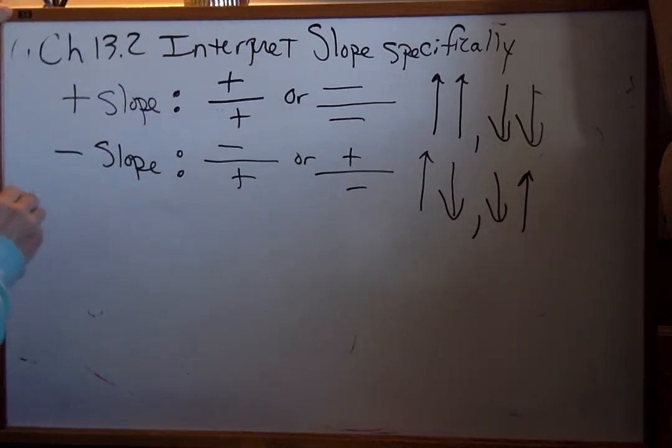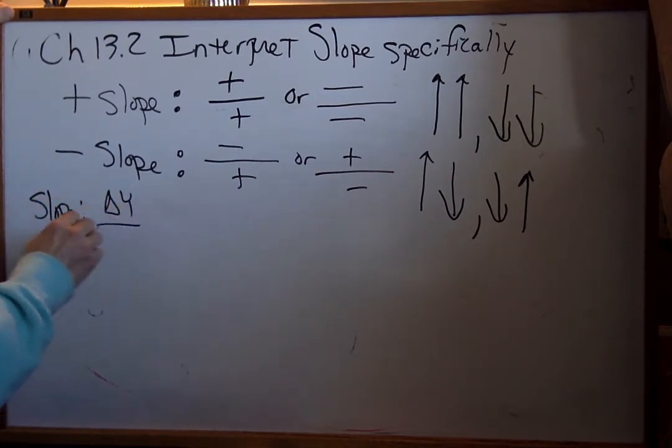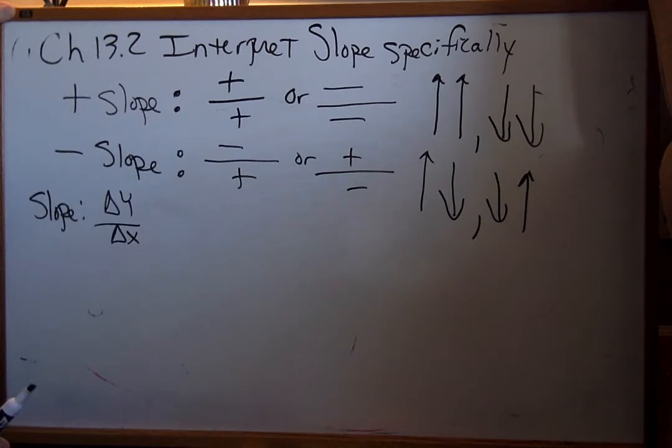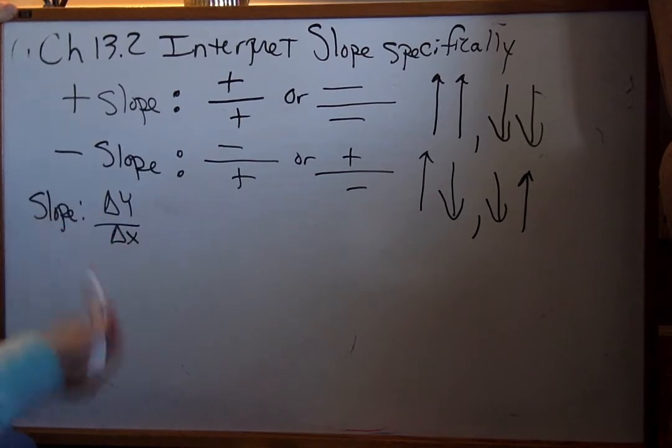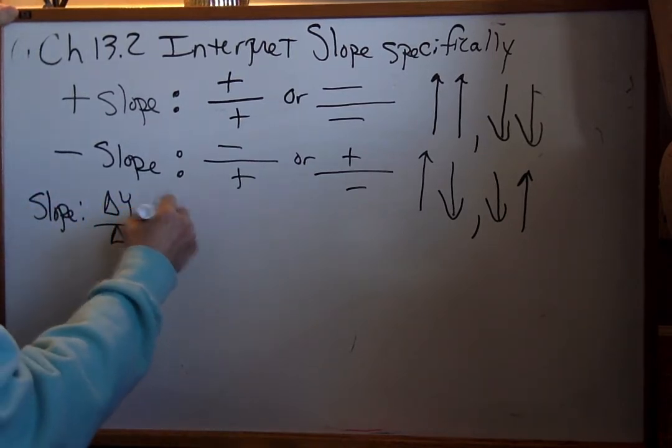All right, now let's remember what our slope formula even is. I'm trying to set this up so that when I give you an interpretive sentence, it's going to make sense. Change in y over change in x. But what happens if we just change x 1 unit?